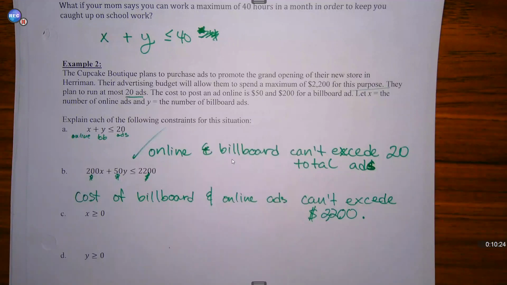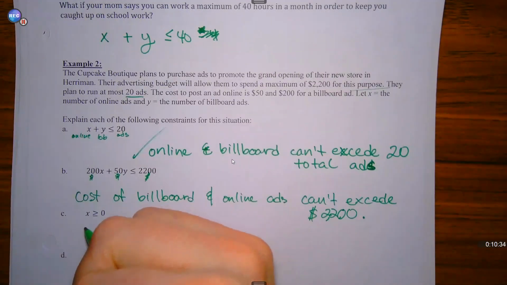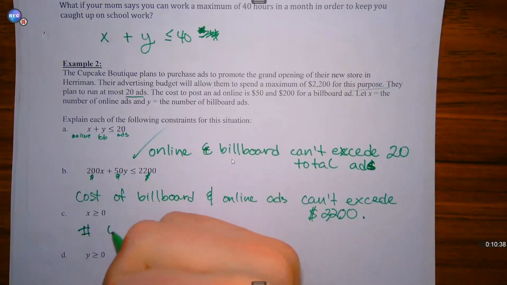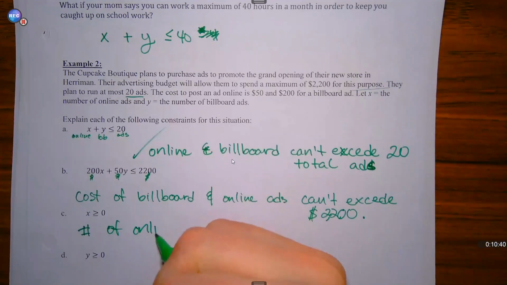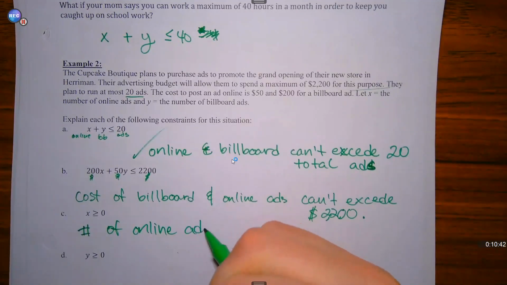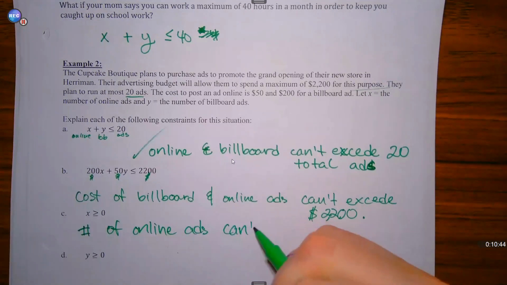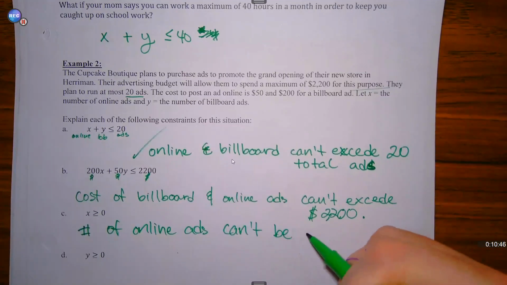So we have to account for that by telling it, hey, we can't have negative numbers here. We need to have positive value for these number of ads. So all I'm going to do here is say, hey, number of online ads can't be negative.